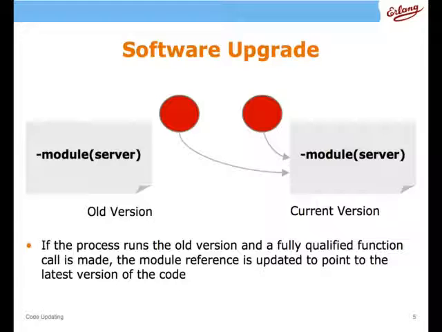So a fully qualified function call made to any of the functions in that module will update all of them. The update is on a module basis, not on a function basis. And you can see here that both of the processes are now running the current version.